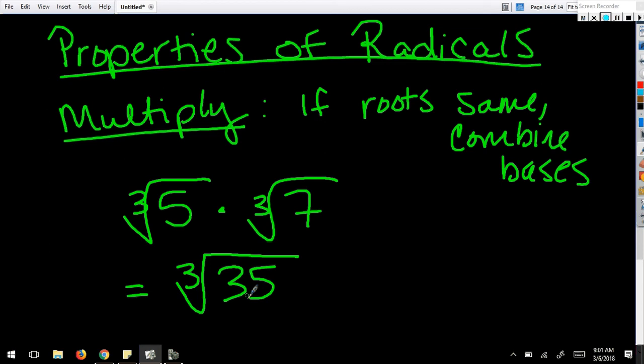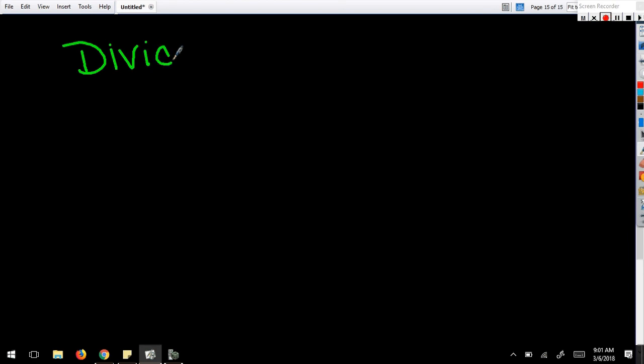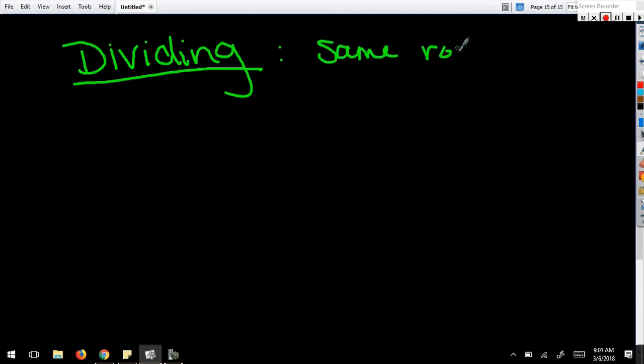So, along with this, we talked about simplifying radicals. Or actually, let me show you dividing, then I'll show you simplifying. Dividing is the same thing, and if I need to spend more time, I will, but I think this is pretty self-explanatory. Again, same roots, we still combine the base.